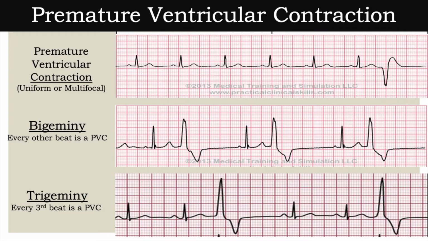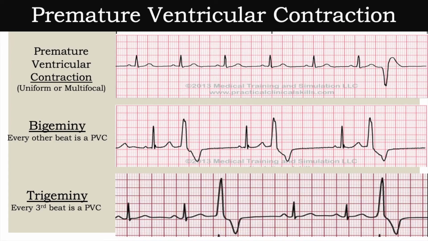We're also going to look at the EKG to see how this PVC is behaving. Is it similar to one another? Is it happening every other beat, every third beat? How is it looking on the EKG?